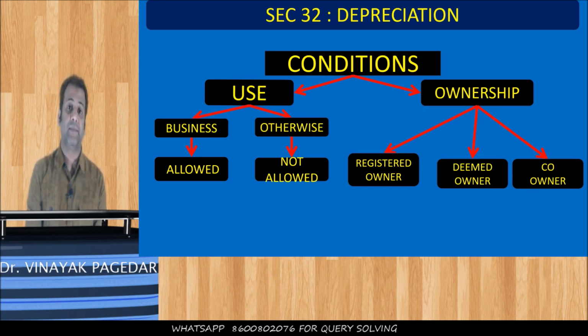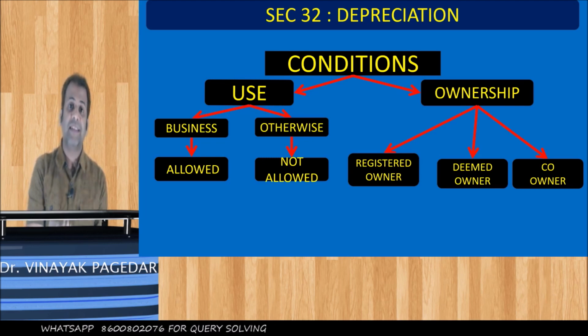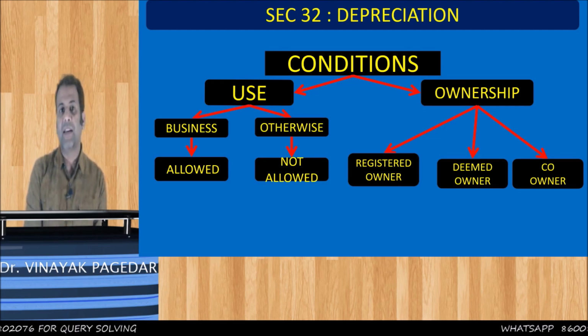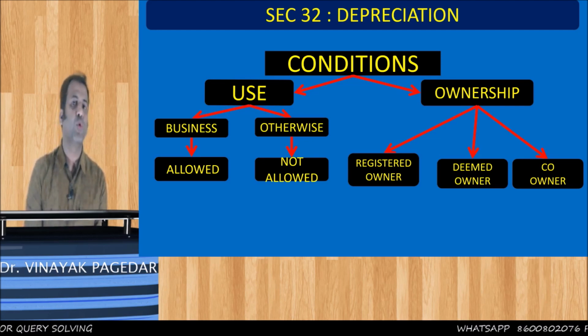Now my friends, let us say I purchase the asset in the current year and I use it for 2 months. Will I get the depreciation proportionately for 2 months?